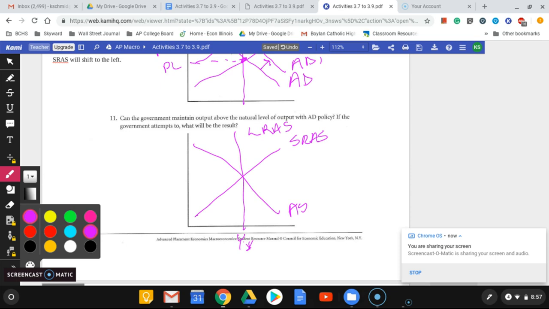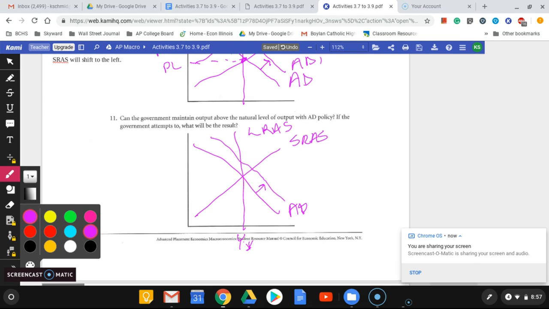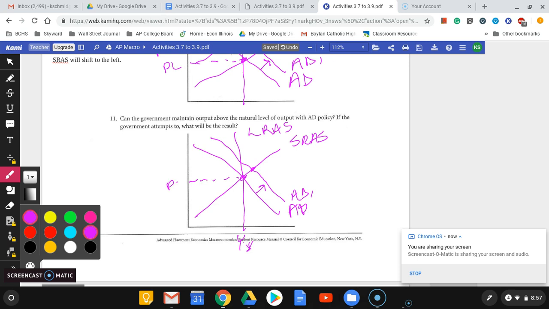Well, we know government spending affects aggregate demand. So if the government is trying to move the economy from here to here, you know that the price level is going to increase. And so because of inflation, workers are going to negotiate higher wages because this inflation has caused their real wages to fall.